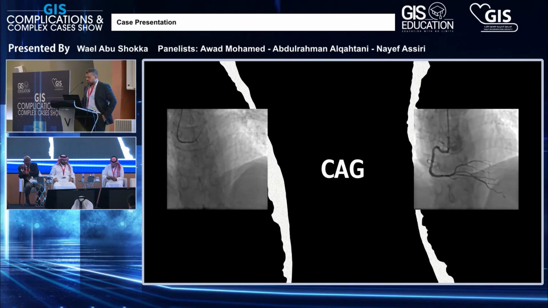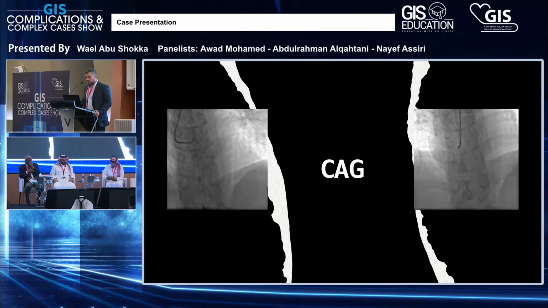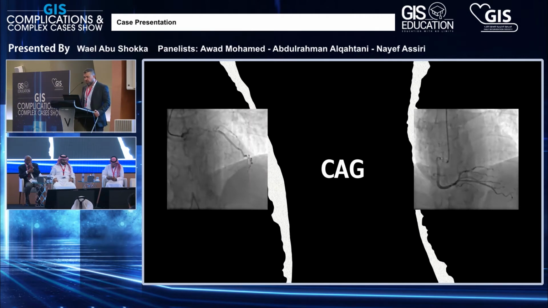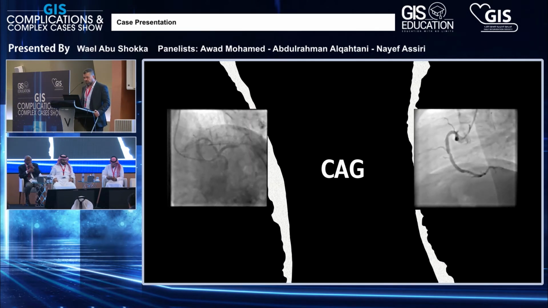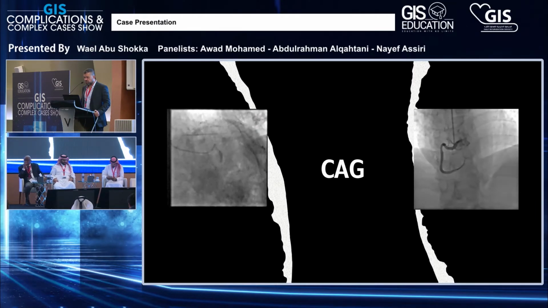CAG was done. His RCA was atherosclerotic with no significant stenosis. The LAD showed proximal critical stenosis and the mid LCX moderate stenosis.